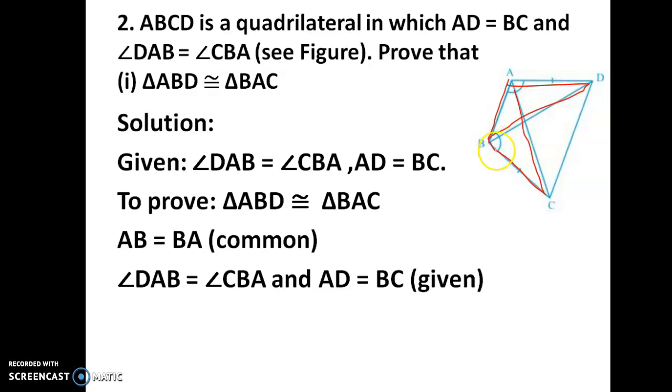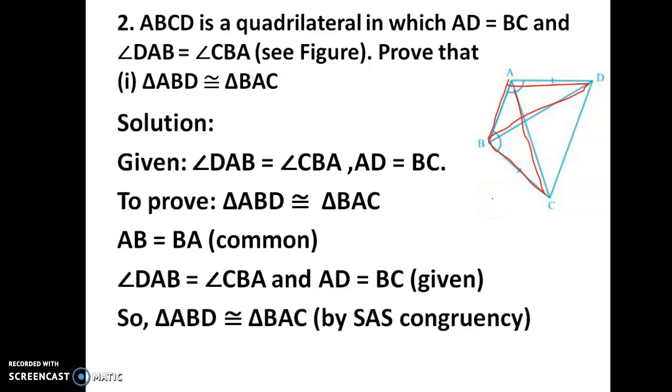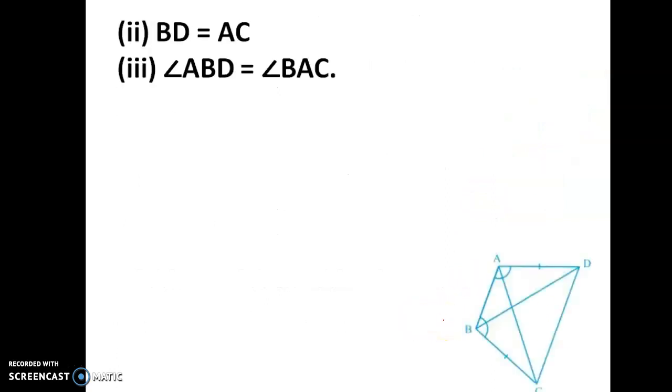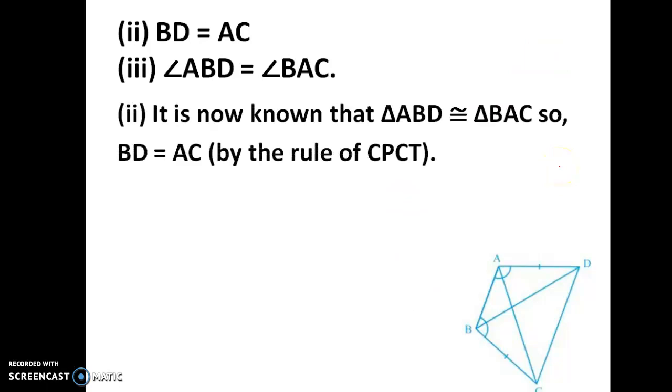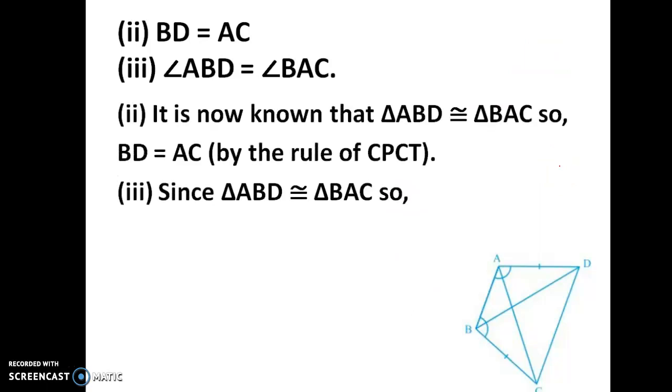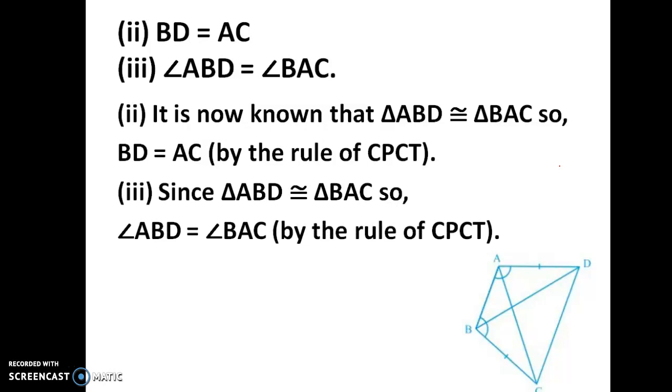This angle B and this angle A are given as equal in the question itself. Then AD equal to BC, that is also given in the question. So we can say SAS congruency. By that, these two triangles are congruent. Then in the same way, in congruent triangles you have corresponding parts, that's why BD equal to AC and angle B equal to angle A, by CPCT.